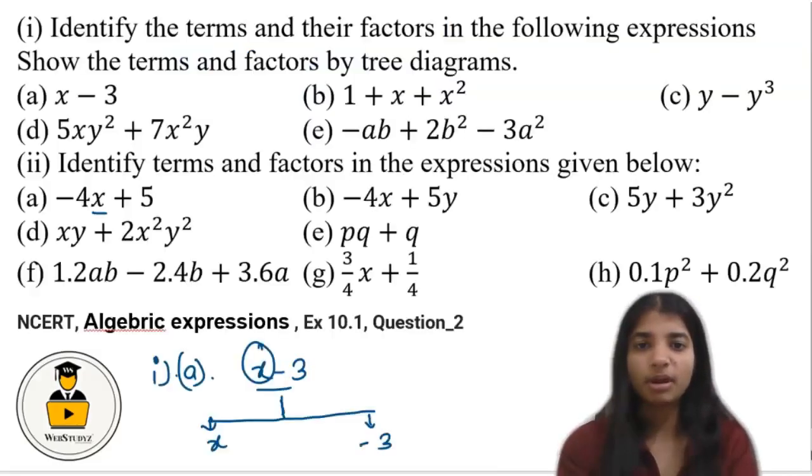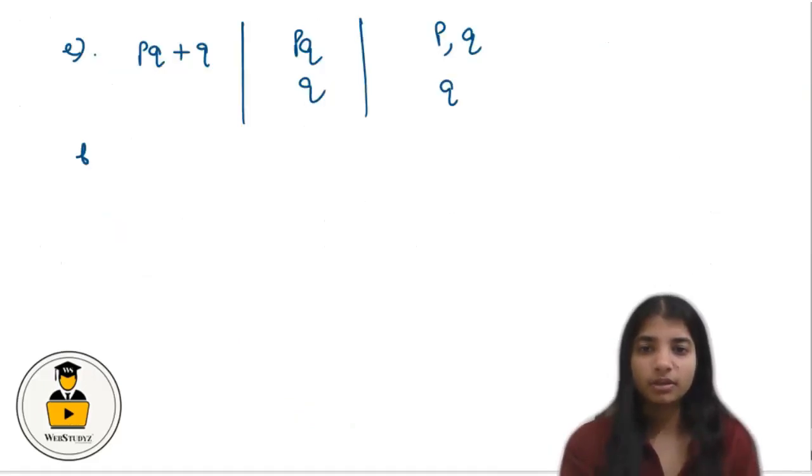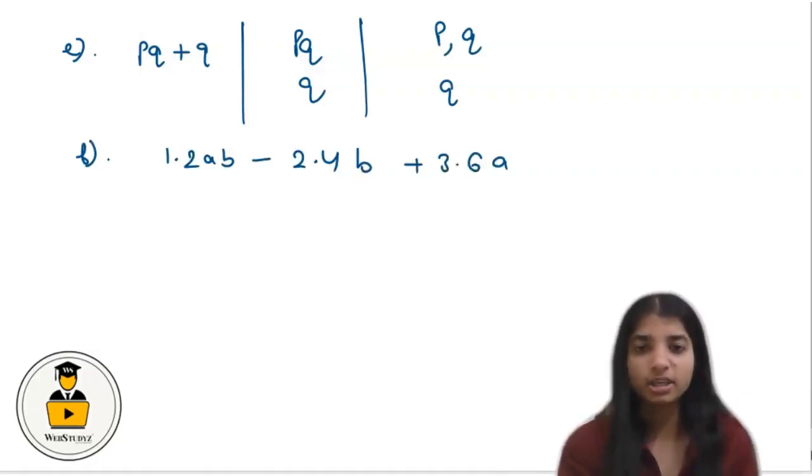Now we are considering part F. Part F is 1.2ab minus 2.4b plus 3.6a. This is our expression. The terms are 1.2ab, minus 2.4b, and 3.6a.